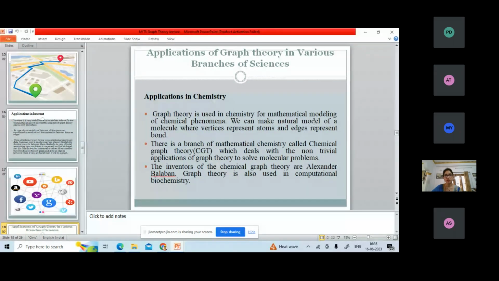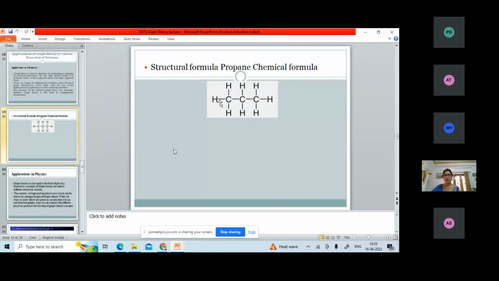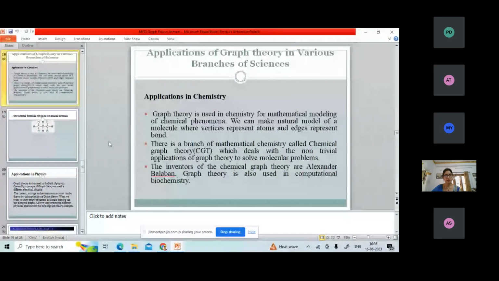We can make a model of molecules where vertices represent atoms and edges represent bonds. For example, H, C, H, these all are the vertices, and the bond between H and C is an edge.